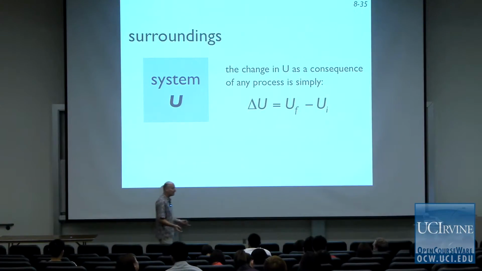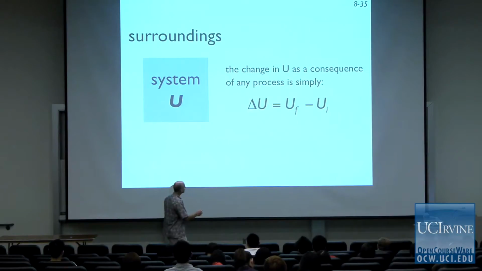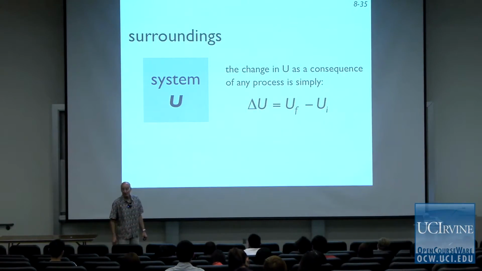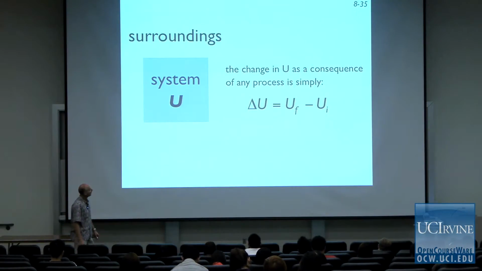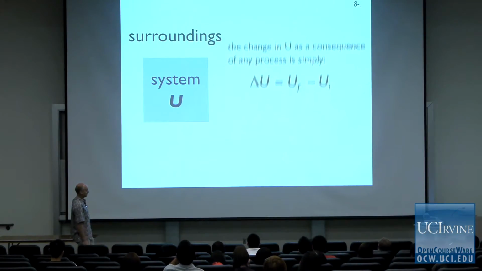This is a property of any state function. The internal energy is a state function. This difference can always be assessed by subtracting the initial state from the final state, and this is true for any type of state function. We'll talk about others later on.